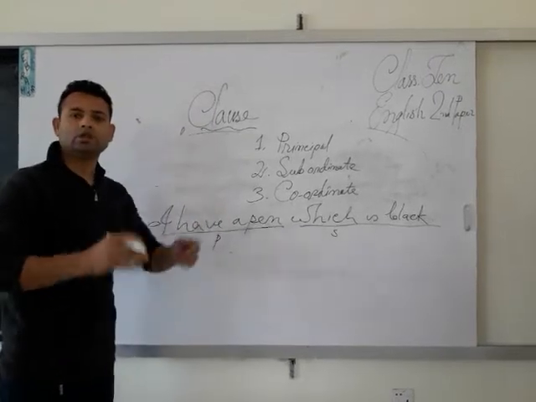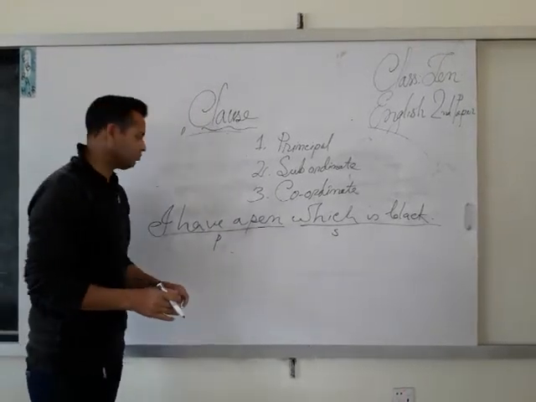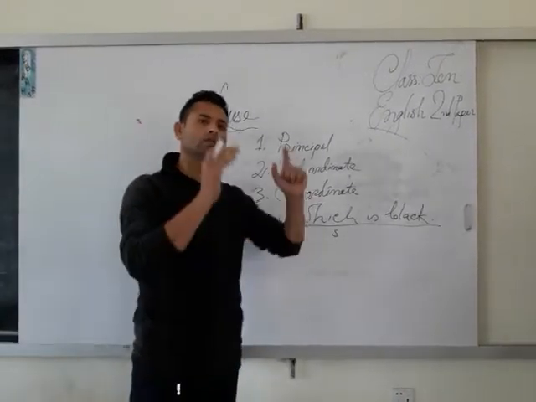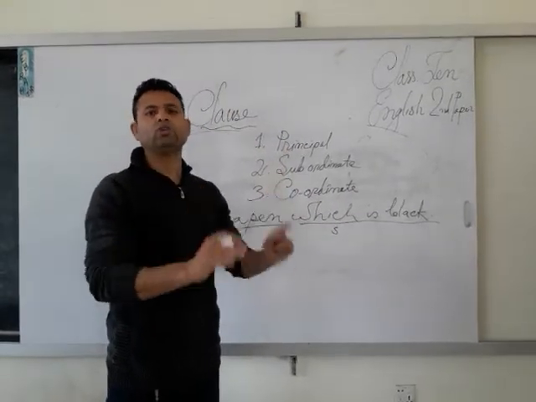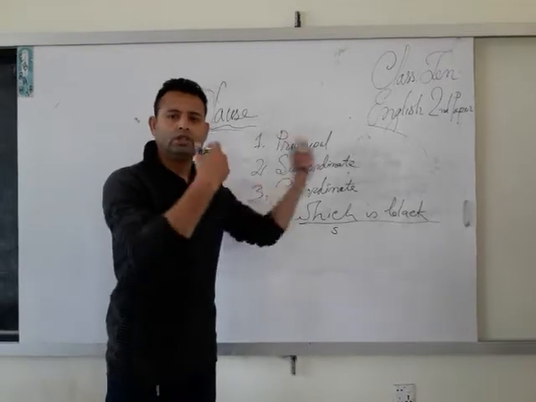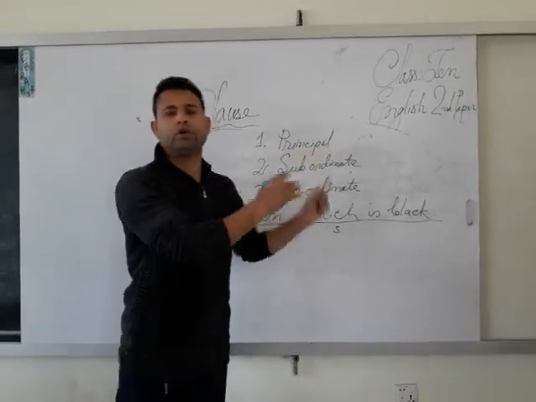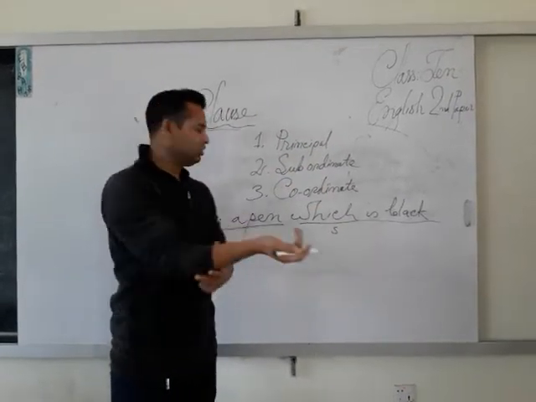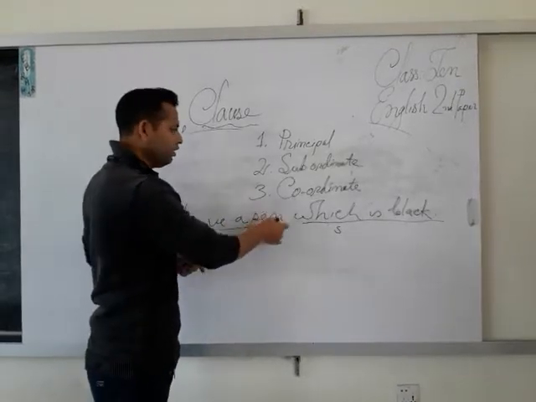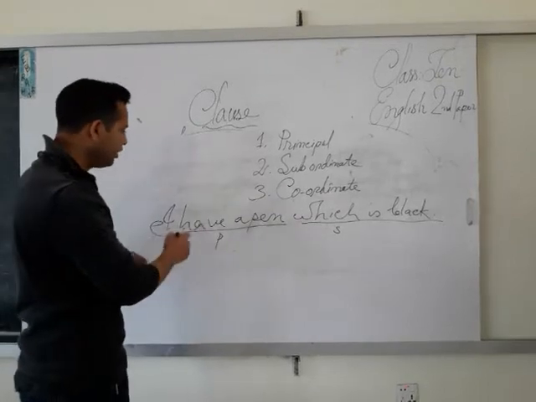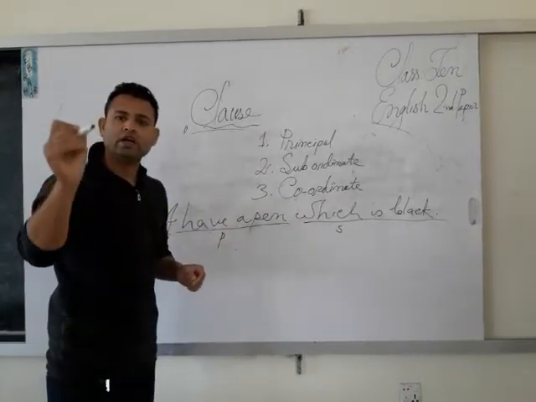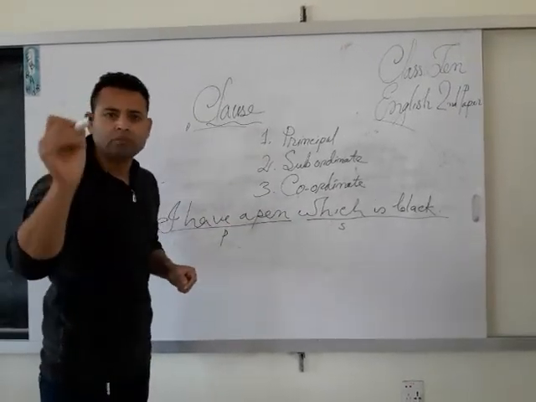Principal clause is a clause which stands alone by itself. It does not depend on another clause for its meaning. So, "I have a pen." If I separate this from the sentence, it can give a clear expression, a clear meaning.